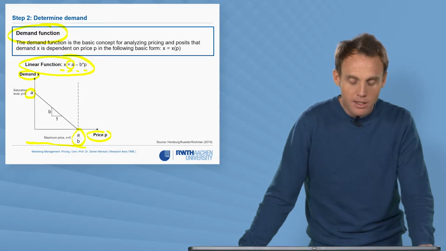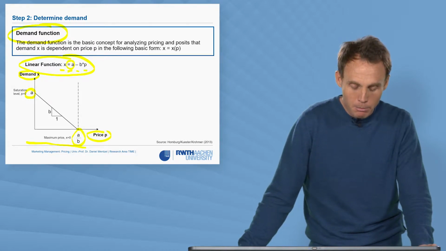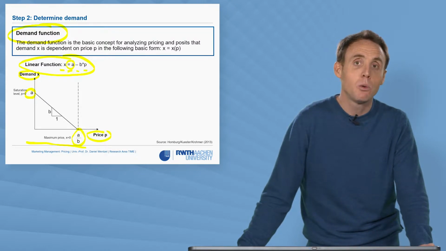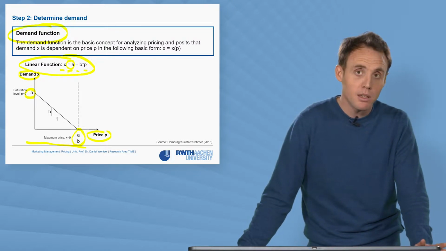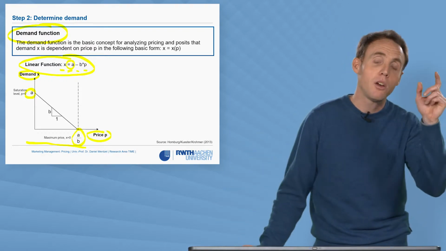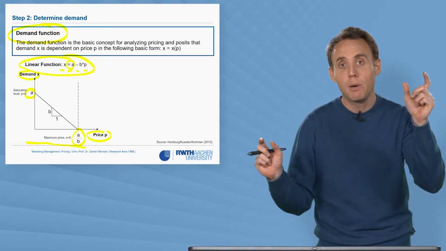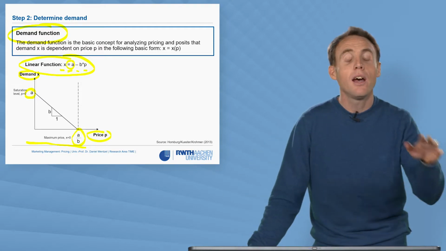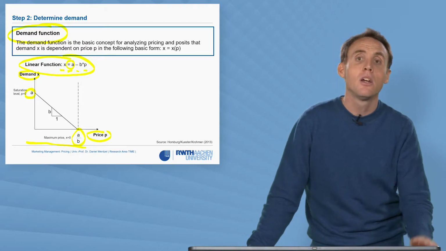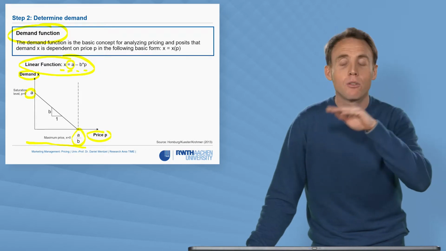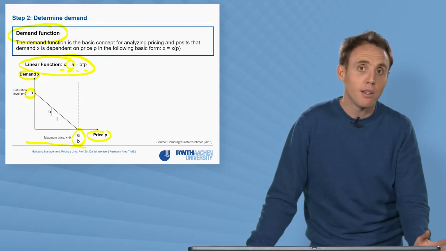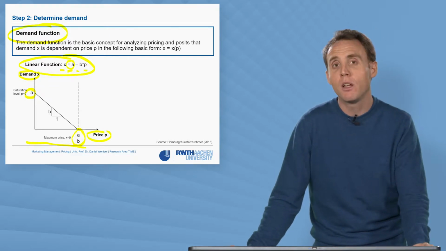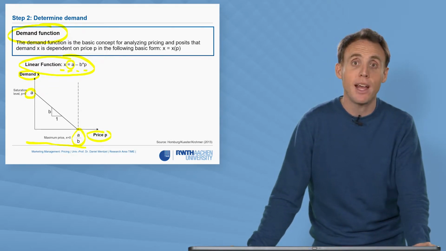You plug that into the function A minus B times P. That will give you a price P which equals A divided by B. So these 2 points, A on the one hand and A divided by B on the other hand, are the 2 extremes of that function. The demand function in that case would show you different levels of demand at different levels of price. So that's one form to think about it, to assume a linear relationship between X and P.